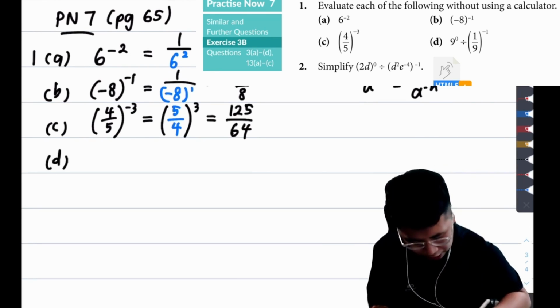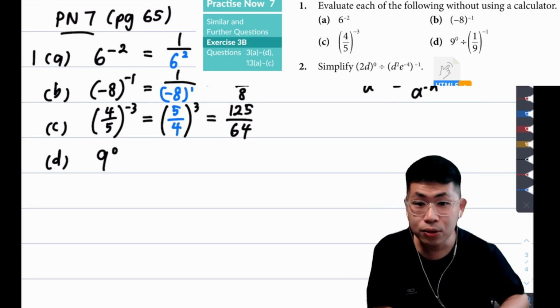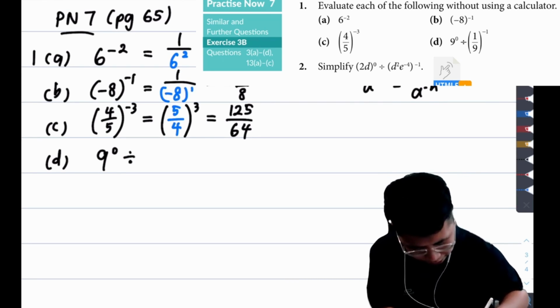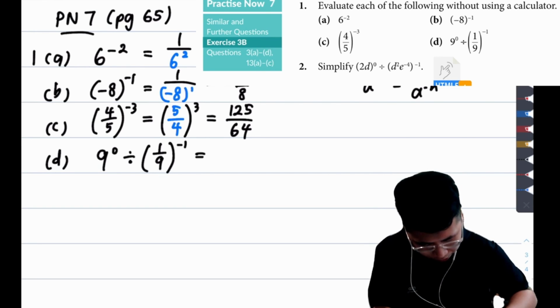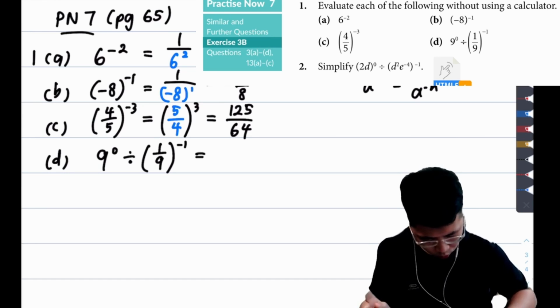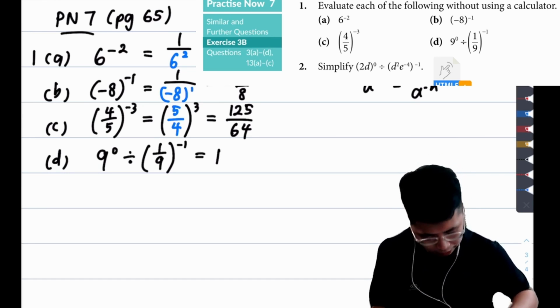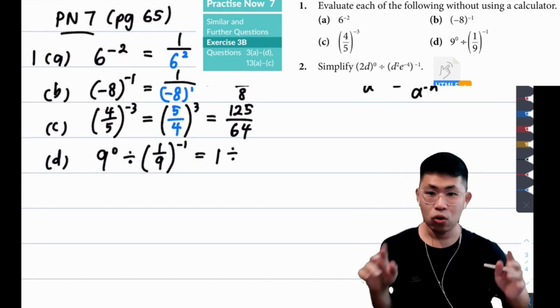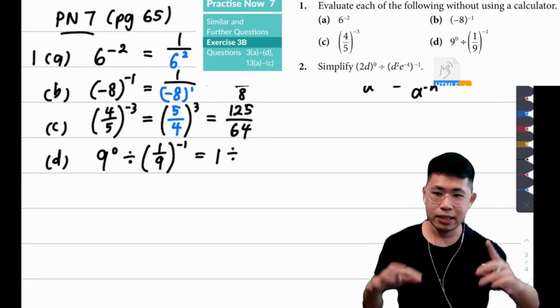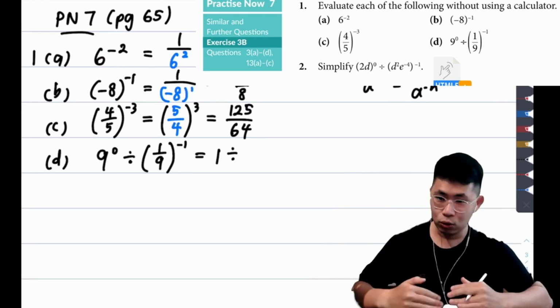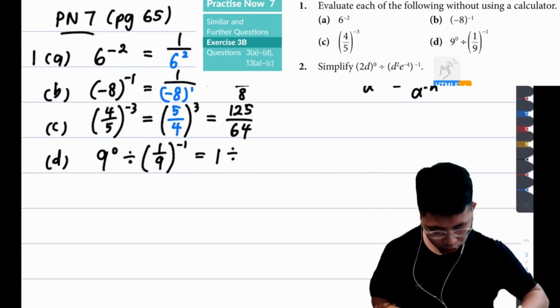And for part D, we have 9 to the power of 0 divided by 1 over 9 to the power of negative 1. So this is going to be a little bit annoying, but bear with me. 9 to the power of 0 is 1. Let me settle the powers first. So 1 over 9 to the power of negative 1. Whatever is on top will go below, whatever is below will go on top.